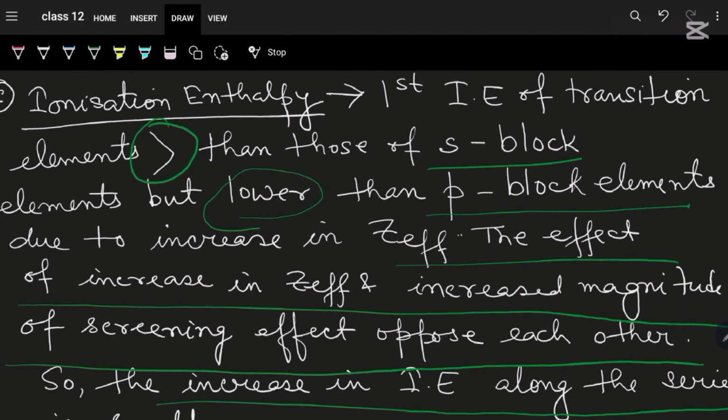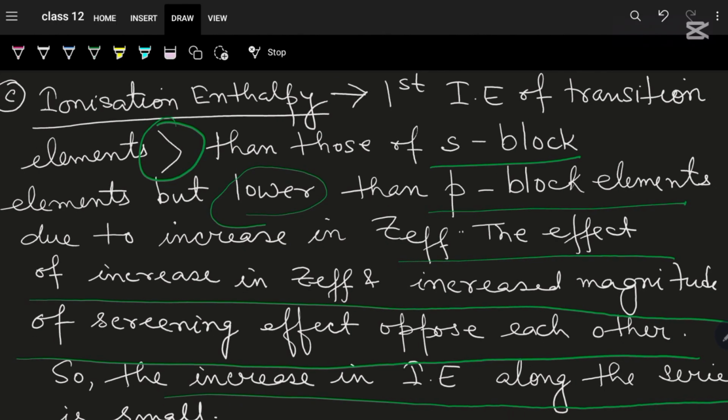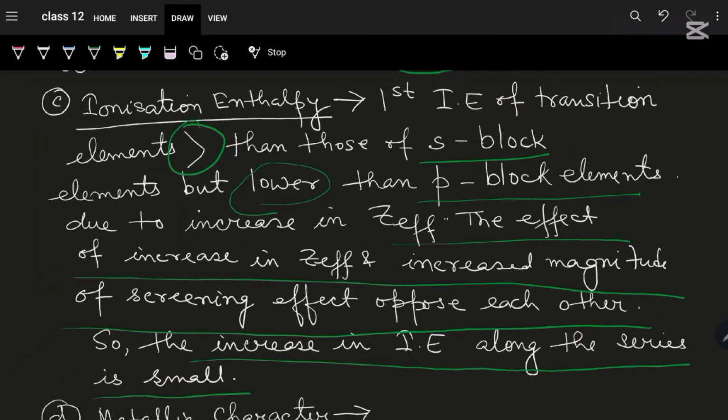Moving on to ionization enthalpy, meaning the minimum energy required to remove the loosely bound electron from the isolated gaseous atom. Now, the first ionization enthalpy of the transition elements is always greater than that of the S block elements. Obviously, because their atomic radii is also less, but lower than that of the P block elements.